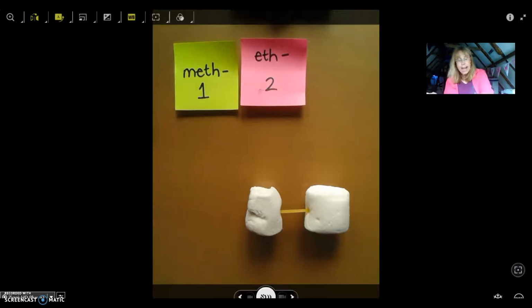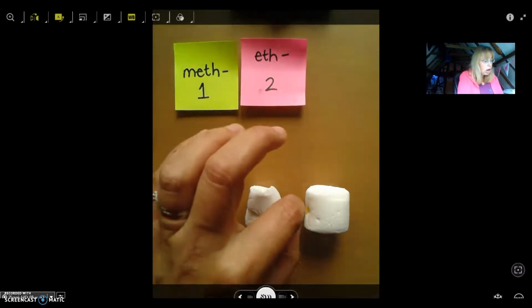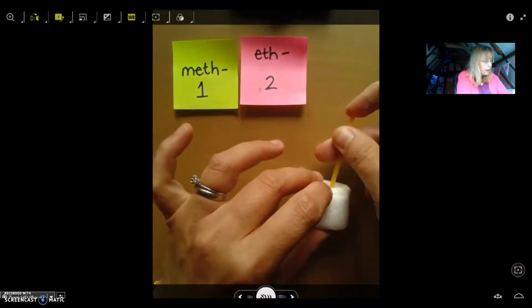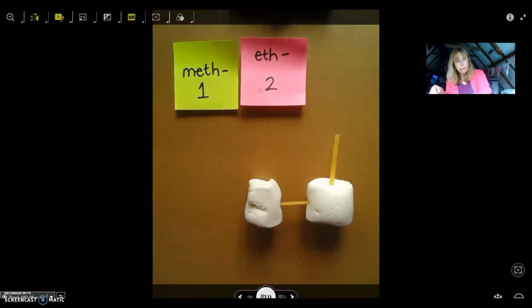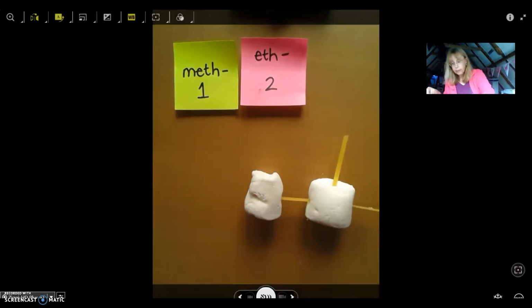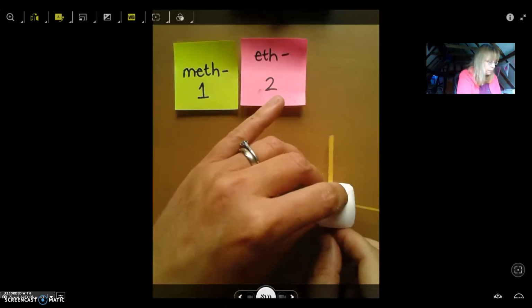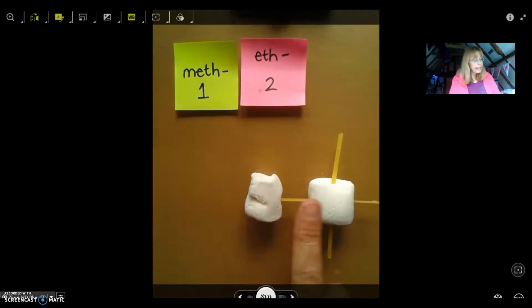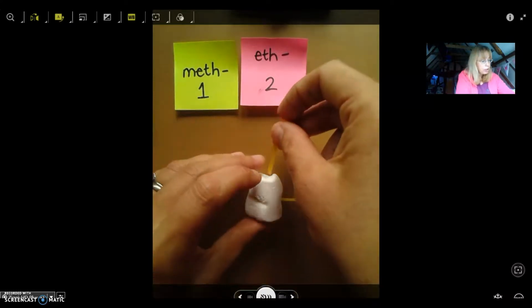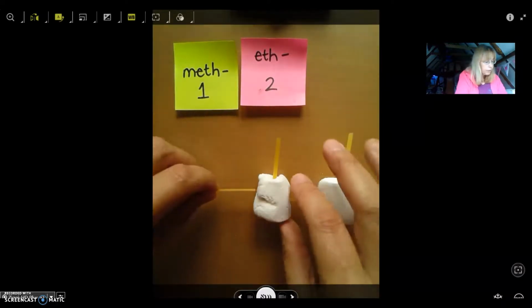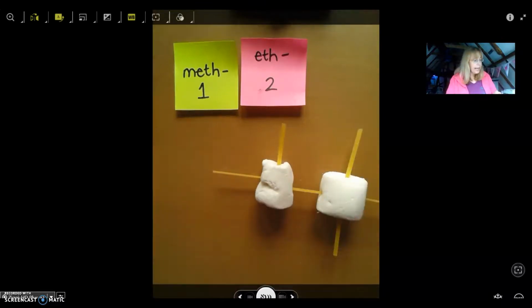Now, we have said that each carbon can only have 4 bonds. Now, this carbon here has already got 1 bond, so I've got to add on 2, 3, and 4. Okay, and then for this carbon atom, it already has 1 covalent bond, so I've got to add on the second one, the third one, and the fourth one.